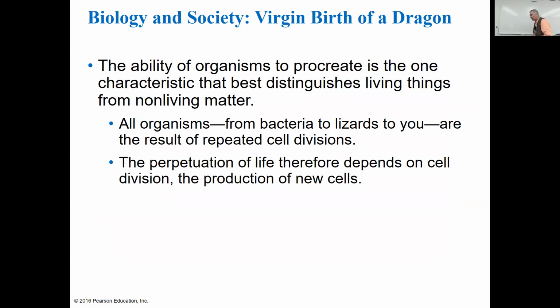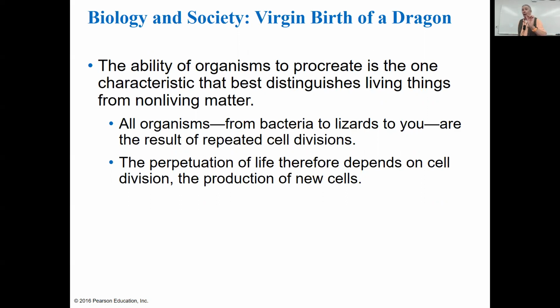Okay, so remember, procreation, making new individuals of the same species, is a characteristic of life that distinguishes living things from non-living things. All organisms, from bacteria to lizards to you, are the result of repeated cell divisions, making new cells.